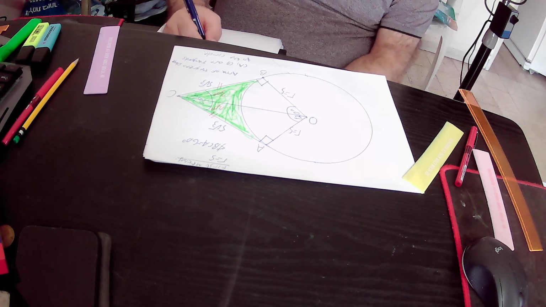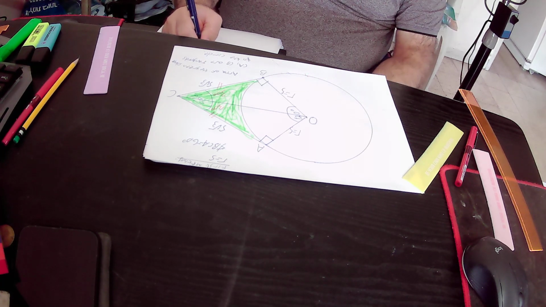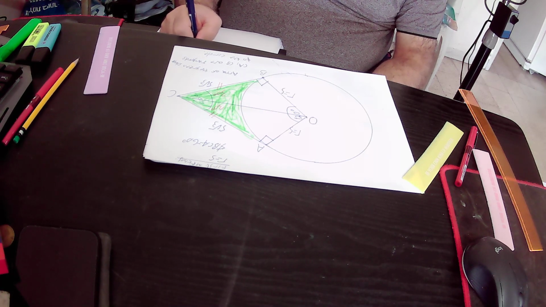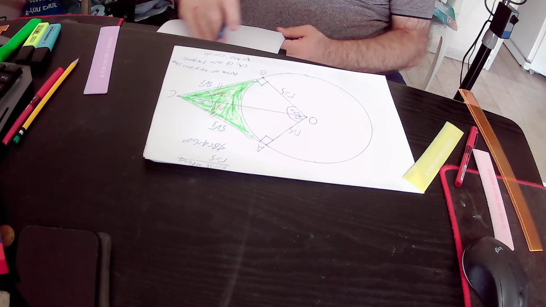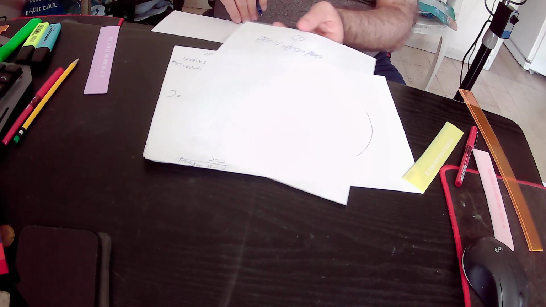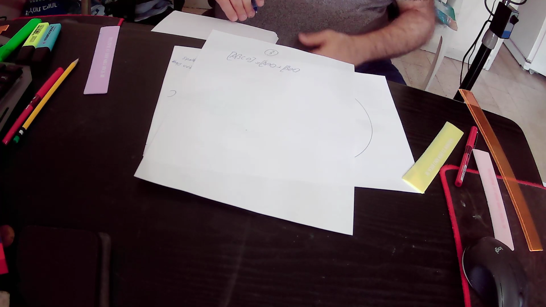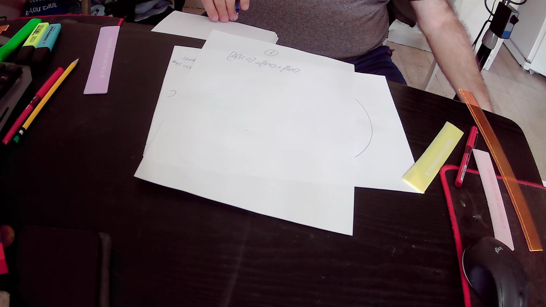The area of quadrilateral ABCO equals the area of triangle AOC plus the area of triangle BOC.